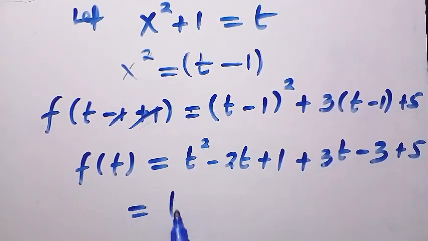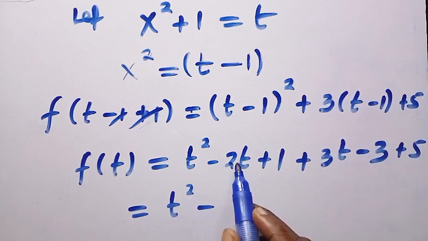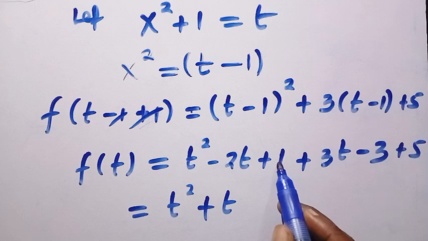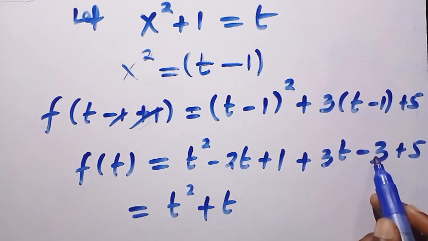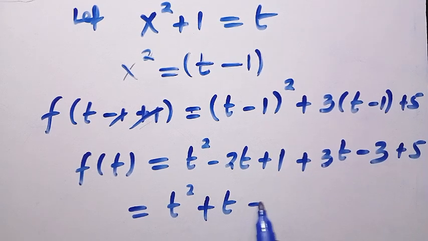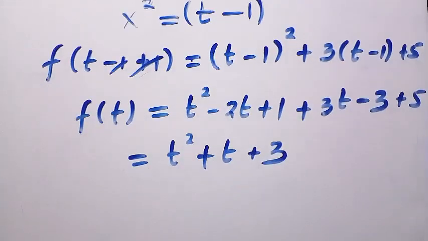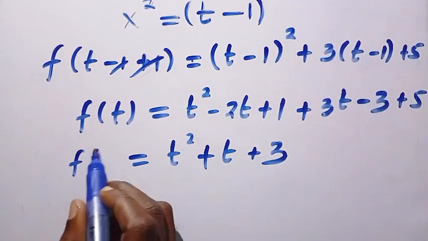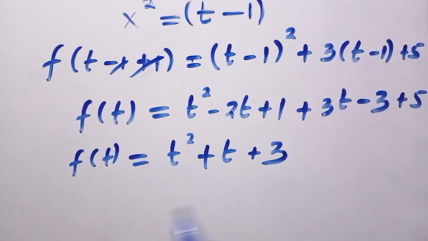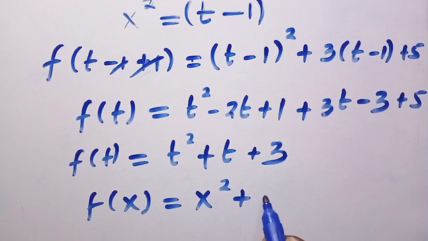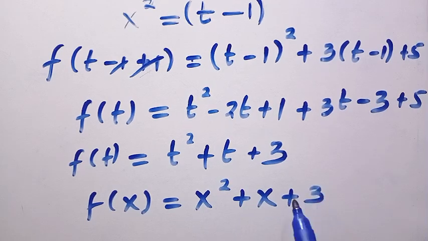So here we have t squared minus 2t plus 3t. That gives us plus t. Then 1 minus 3, that is minus 2. Then minus 2 plus 5, we have it as plus 3. And what is only left for us is, since this is f of t, let's change t to x. We have f of x equals x squared plus x plus 3.